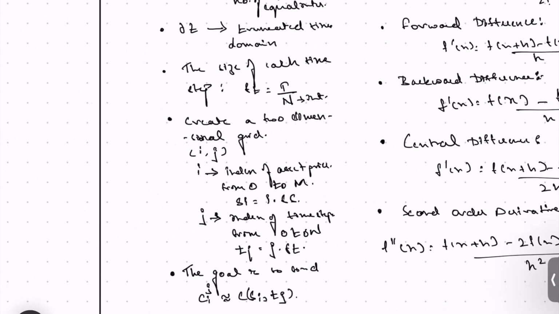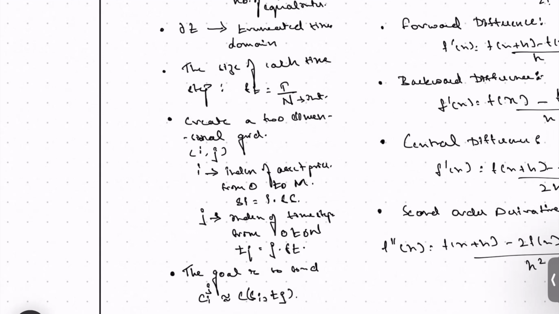A specific point on this grid can be identified by a pair of indices i, j, where i is the index of the asset price, ranging from 0 to M. The asset price at index i is S_i equal to i into delta S, and j is the index for time, ranging from 0 to N. The time at index j is t_j and is equal to j into delta t.